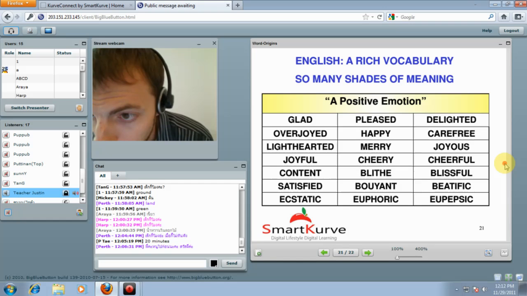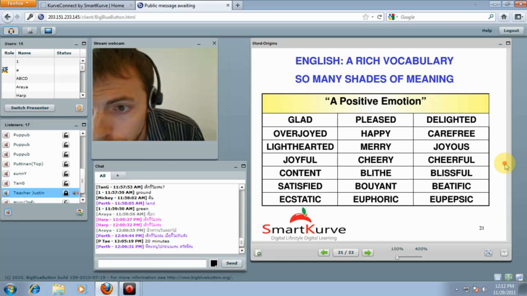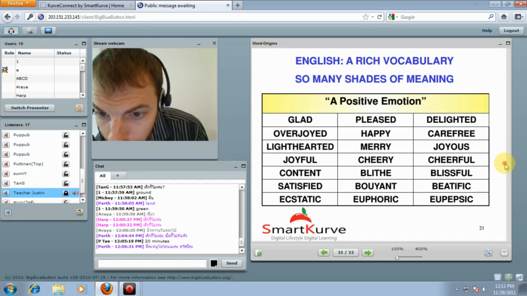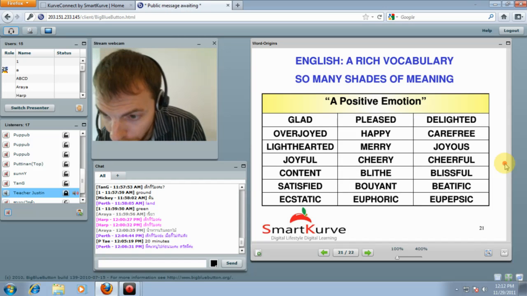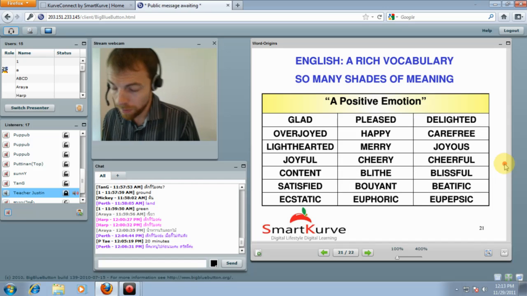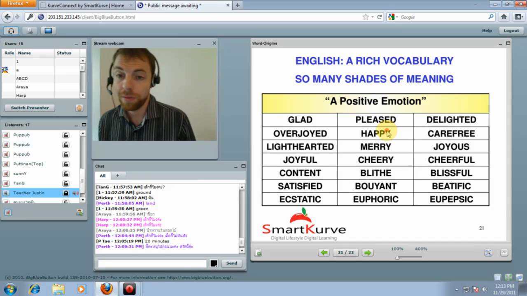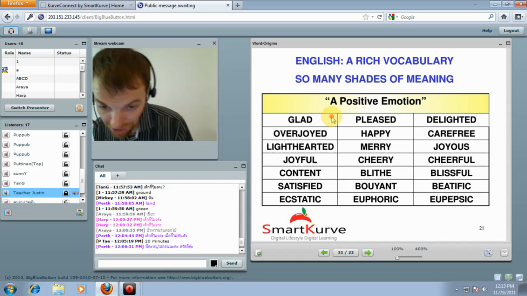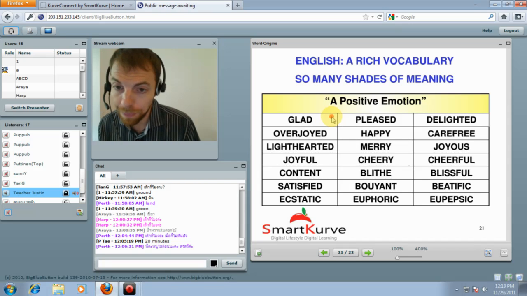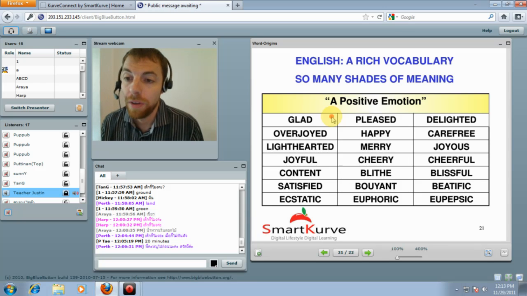All right, a rich vocabulary of English, so many shades of meaning. So here, we are talking about a positive emotion. A good emotion. These are all emotions. Usually, some of them are adjectives. These are all positive.